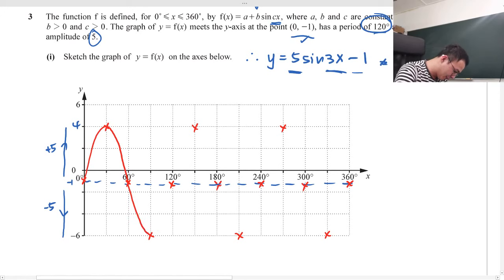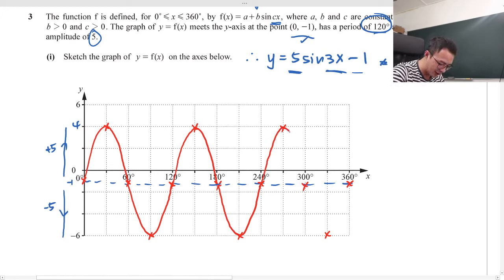Please allow me to have an ugly graph here. Yeah, this one looks kind of bad. I try my best to make my drawing look very nice. So I hope at least you get the idea how to draw 3 cycles of it.